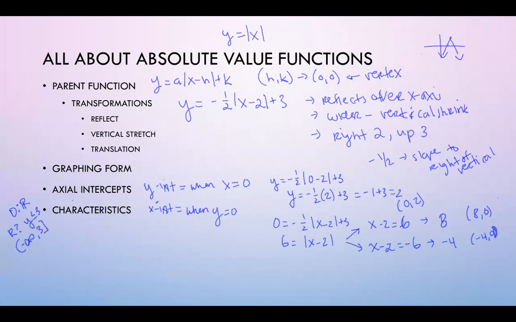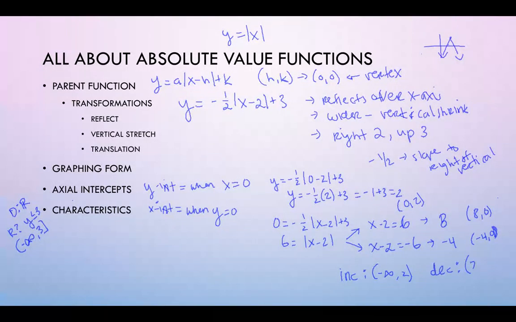It is continuous. It has an increasing and a decreasing interval, right? It increases from negative infinity to the x value of the vertex. So it stops increasing at 2, right? And then it decreases on the rest of it.